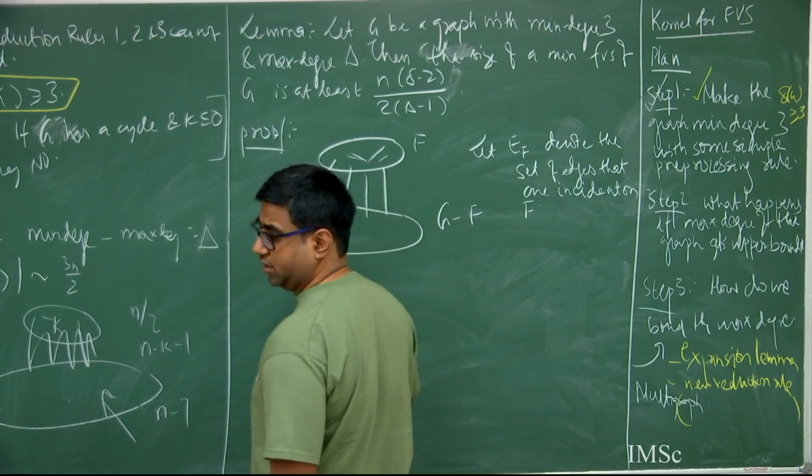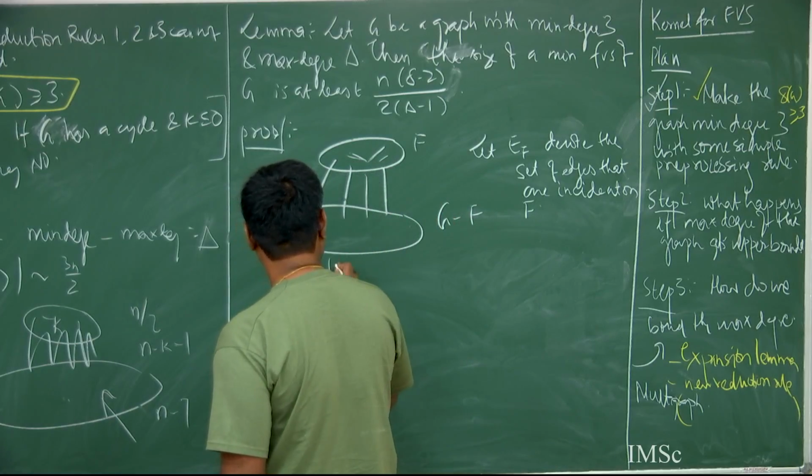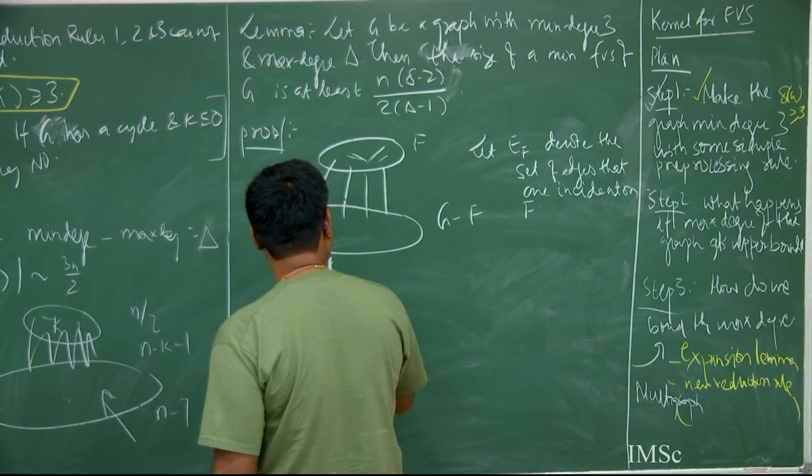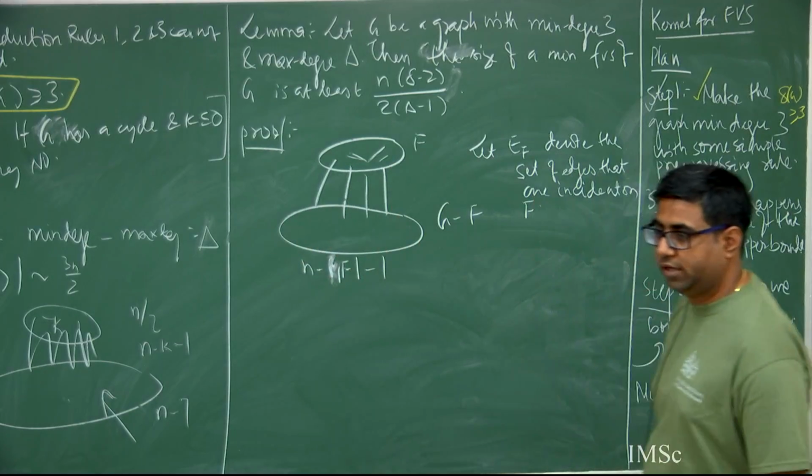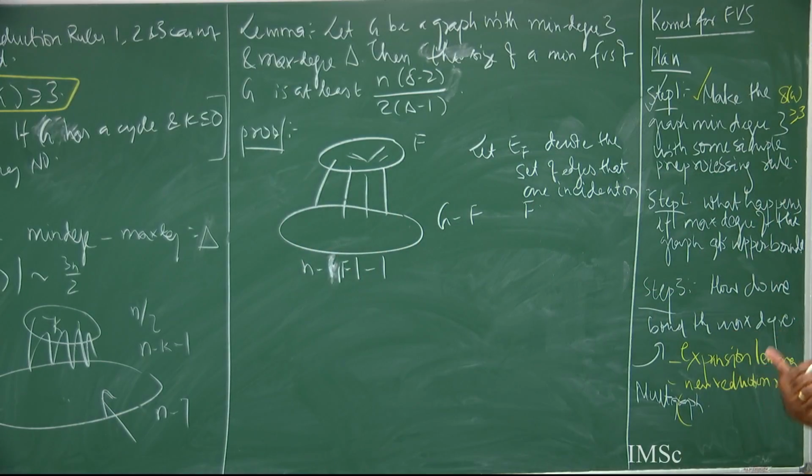How many edges are here? At most, this many edges are there, right? Because n minus |F| minus 1.